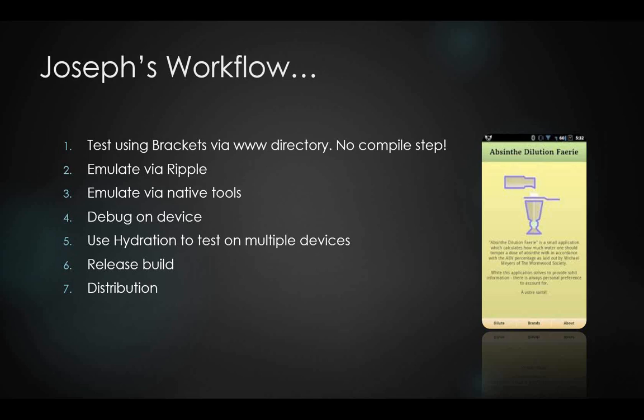If you want to take it a step further, you can emulate with native tools, using the Android emulator or the iOS emulator or whatever. If you want to take it even further, you can start debugging on the device. PhoneGap actually supports debugging on the device, and it'll report back into your local Chrome browser and so forth. If you have a set of test users, use them to test on multiple devices. Chances are most of us only have one or two devices that we can test on, so getting people in your department, in your organization to help you test is super useful. Then you build a release build and you go to distribution.